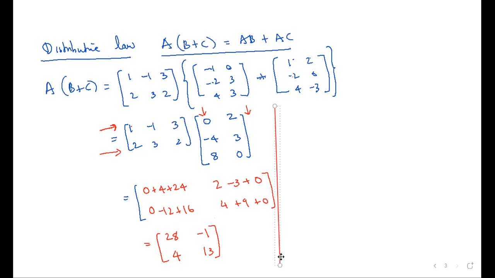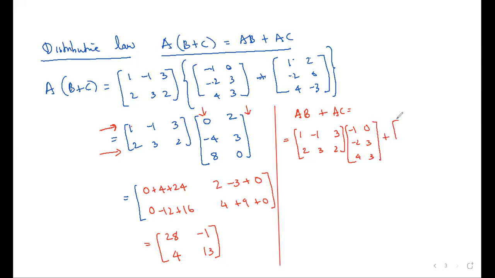Now AB plus AC. A will be repeated: 1, minus 1, 3, 2, 3, 2, to be multiplied with minus 1, 0, minus 2, 3, 4, 3.